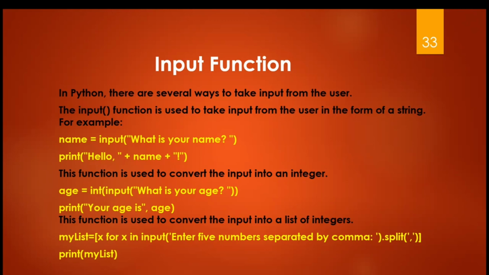Here what we should know is that whenever you are getting an input, it will always be a string. If you want a numerical value, you have to typecast it. And if you want to input a series of numbers, you have to use a list, the split function, and a for loop to get a list.